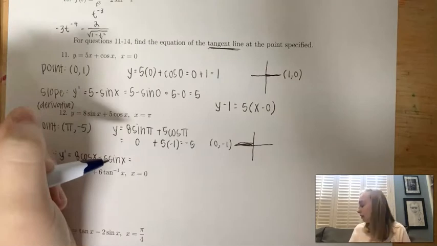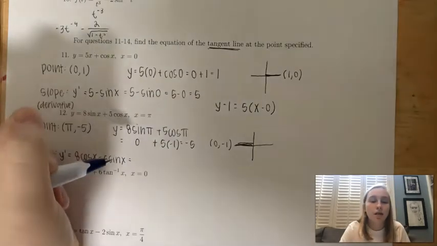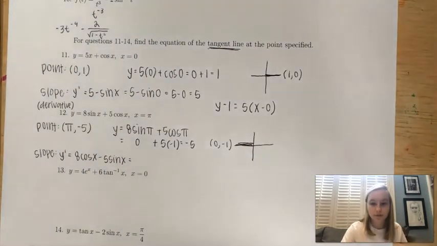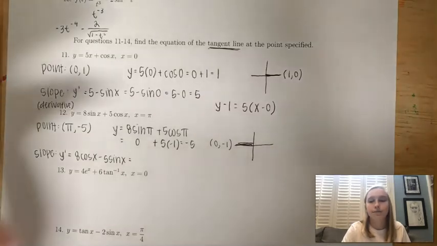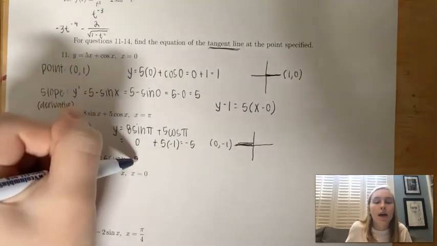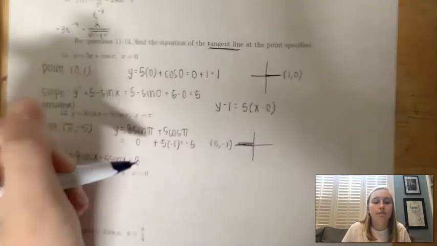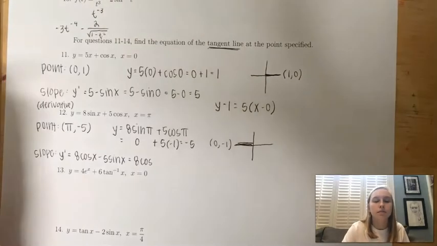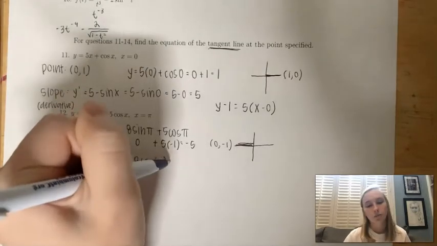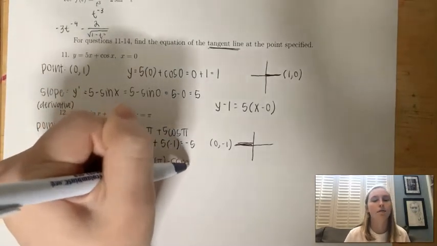Cosine is the x value, so it's 8 times -1, so you'll get -8, and then times -5 sine pi, not x. Sorry, I got ahead of myself in the video.